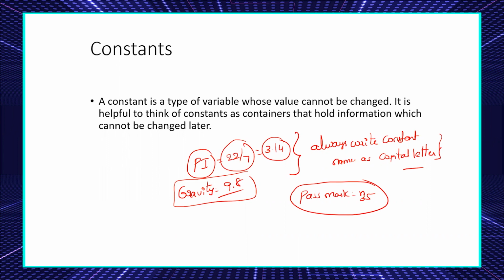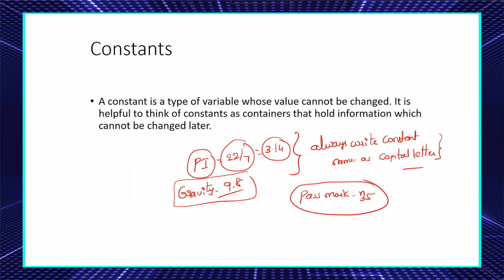Similarly, elections happen every 5 years. After 5 years, you cannot continue as a chief minister, prime minister, MLA or MP. That is a constant. So this is always to differentiate between variables and constants.